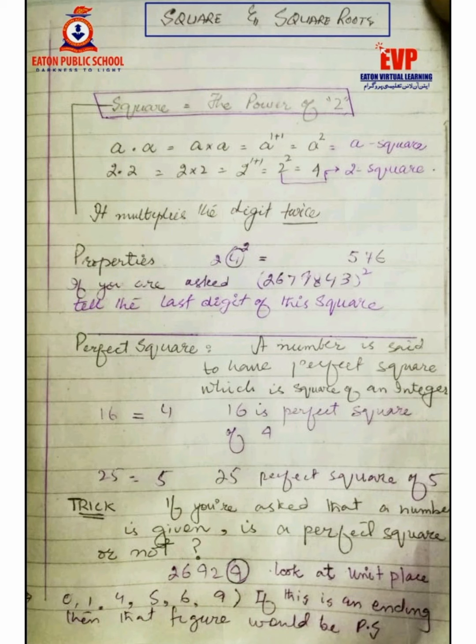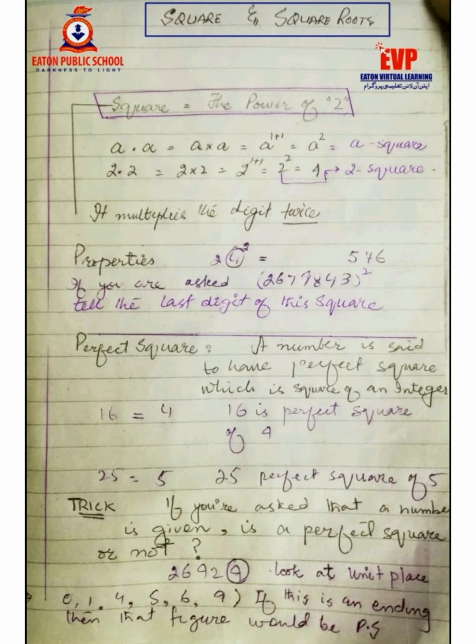If that digit could be 0, 1, 4, 5, 6 or 9, then the number could be a perfect square. So you got these two properties.